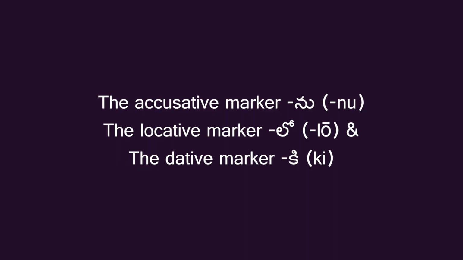Another important feature is the case marking system. The dialogue illustrates the accusative marker nu, the locative case marker lo, and the dative case marker ki, all of which help show grammatical relations and event context. Telugu word order is generally SOV, but the dialogue also shows that the word order can shift for emphasis or topicality.